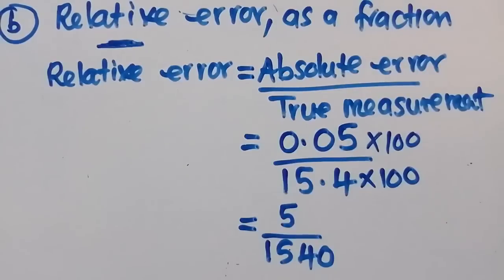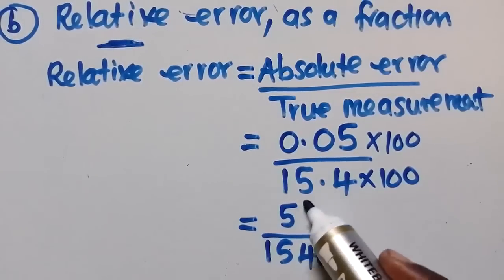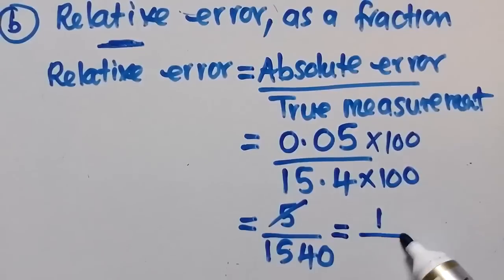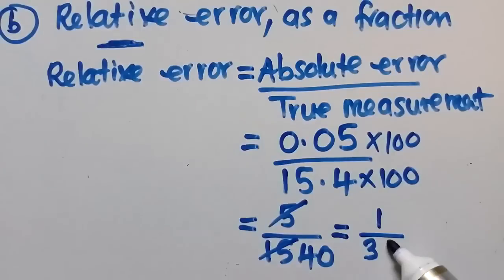To find the relative error, this is now equal to 5 over 1540. 5 into 15 is 3. Then 5 into 4 can't, so you put a 0 here. Then 5 into 40 is 8.